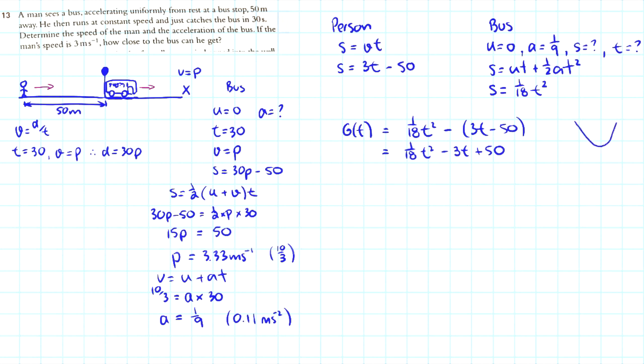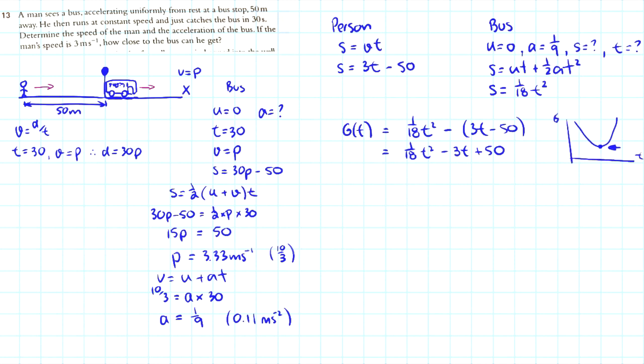It's going to look like this because the a term, what's in front of the squared variable, is positive, so it's a smiley, which means it has a minimum. We defined this function to be the gap, so the minimum value is going to be the minimum gap. So we're looking for the turning point of the quadratic.